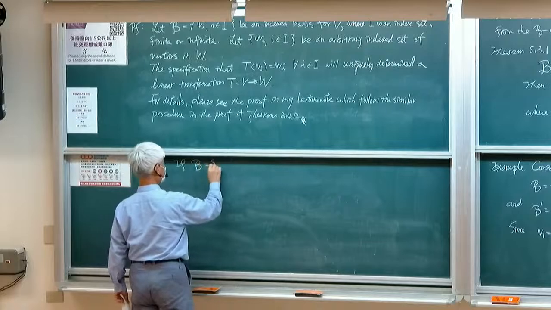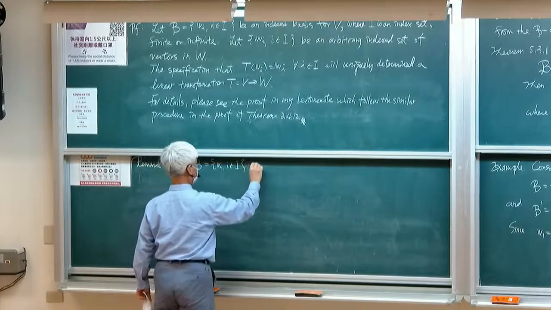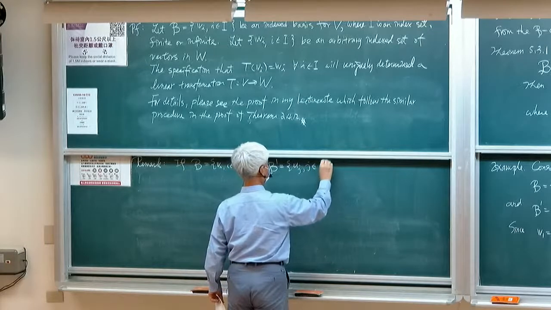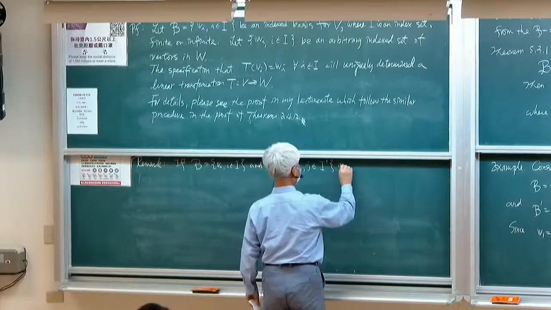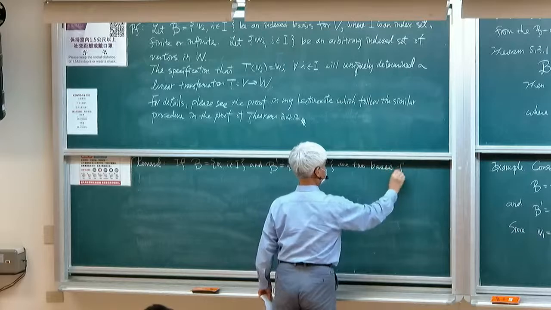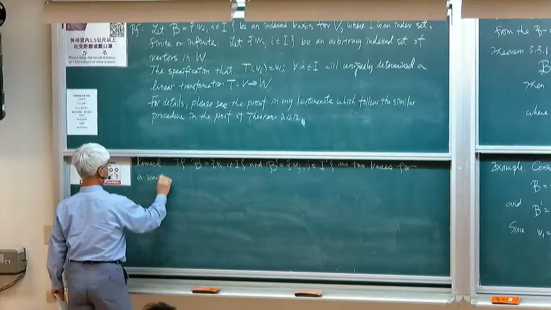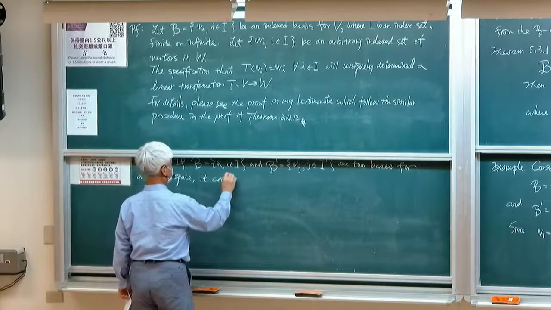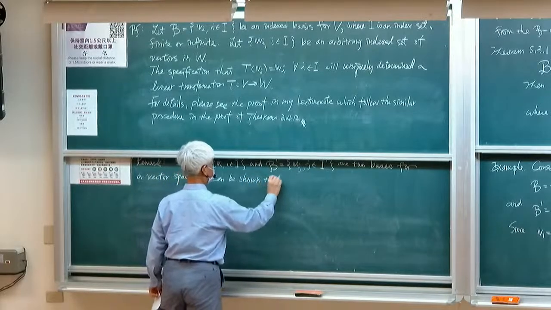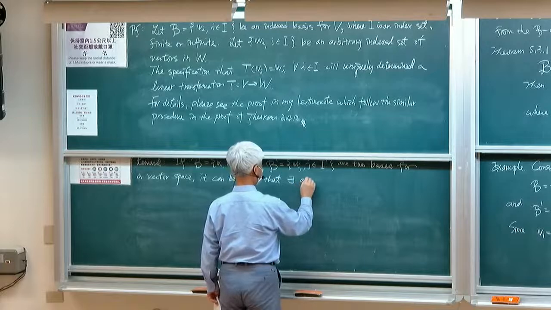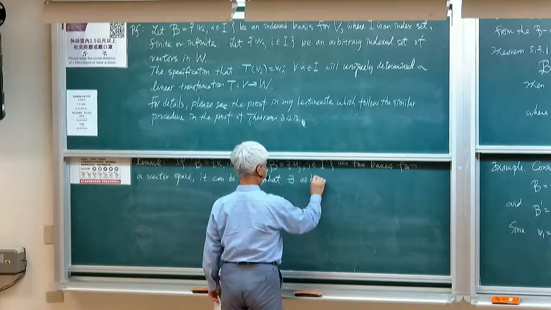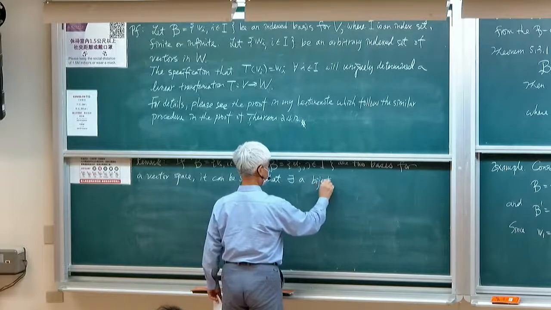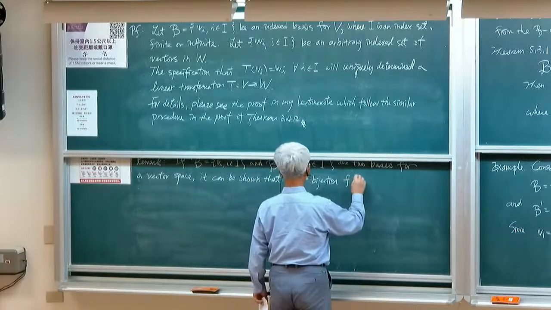If B and B prime are two bases for a vector space, it can be shown that there is a bijection F from I to I prime.